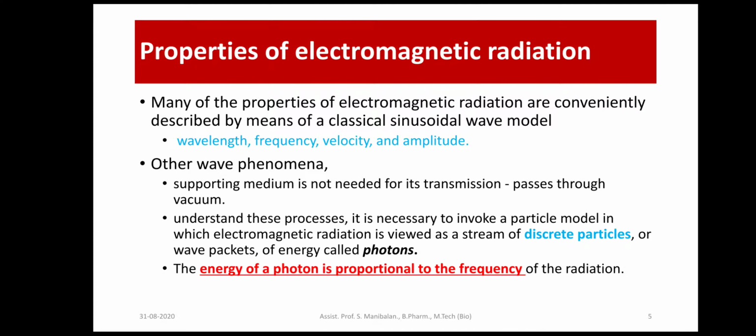But apart from this, there is another property which is called the particle property, because this light can travel even in a vacuum, right? That is due to the energy particles, discrete particles called photons. So for that we need another model.